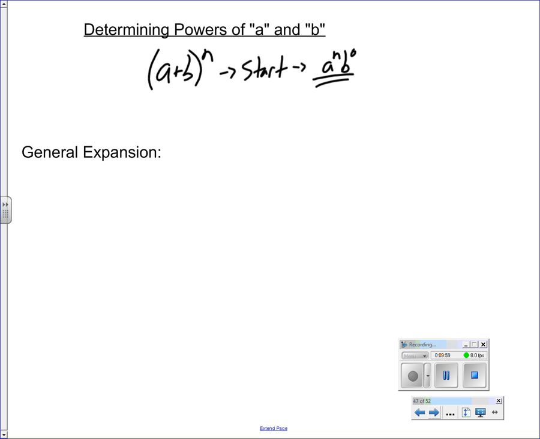And then from there, as we go to each next term, the powers for a decrease by 1, and the powers for b increase by 1.